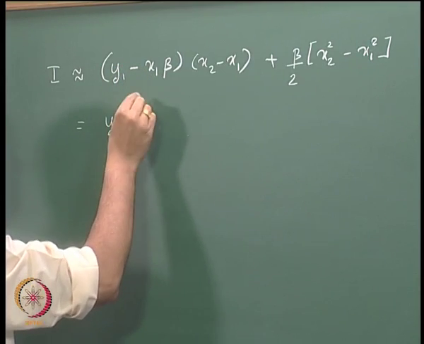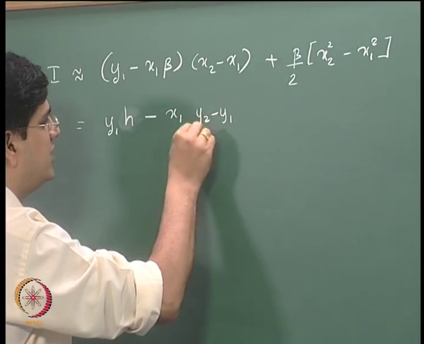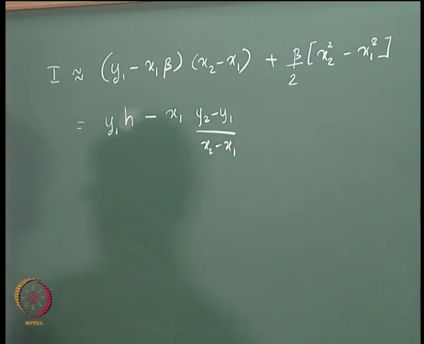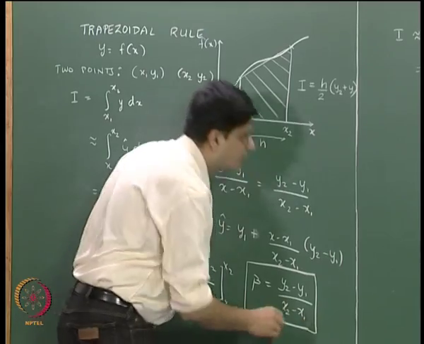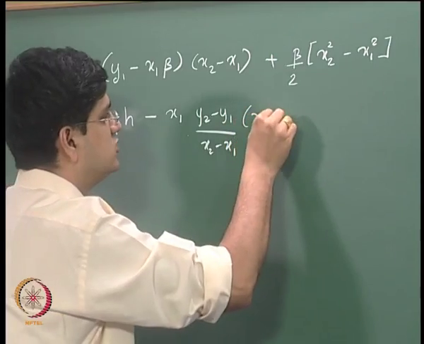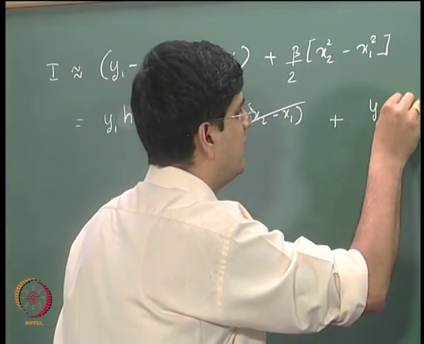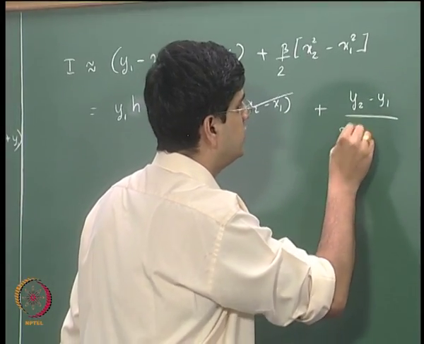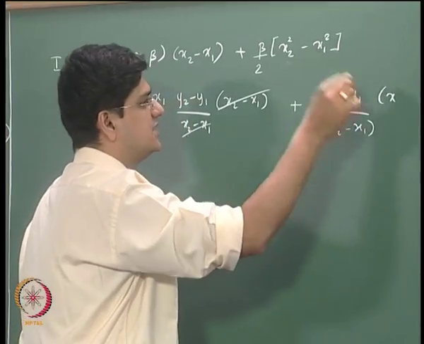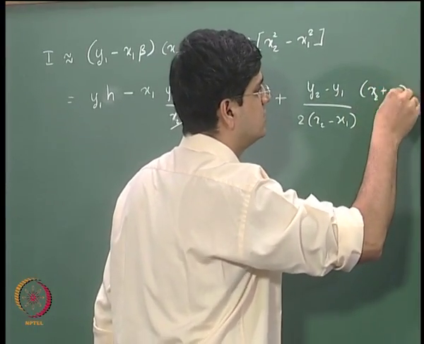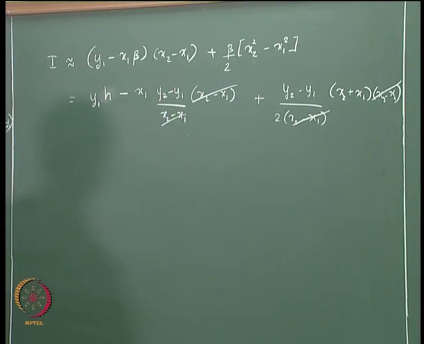So I will have y1 multiplied by h minus x1 times (y2 minus y1) divided by (x2 minus x1), that was the value beta, multiplied by x2 minus x1, this gets cancelled, plus (y2 minus y1) divided by 2 times (x2 minus x1) multiplied by x2 squared minus x1 squared, which I will write as (x2 plus x1)(x2 minus x1), and the x2 minus x1 will get cancelled.